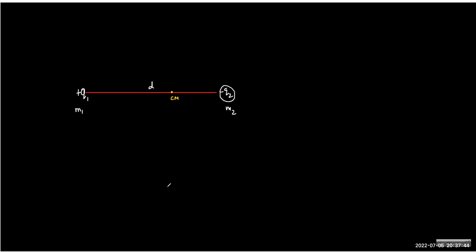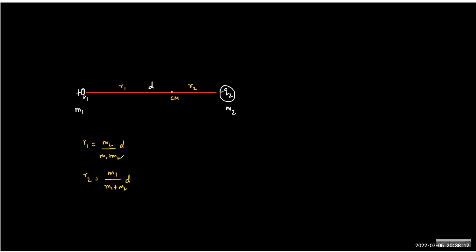So now the common center of mass we can find easily, and in fact, I hope you know. For a two-mass problem, what are the R1 and R2 values? R1 will be m2 D upon m1 plus m2, and R2 will be m1 D upon m1 plus m2.